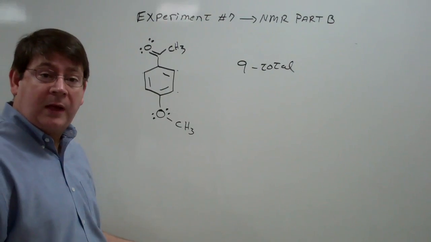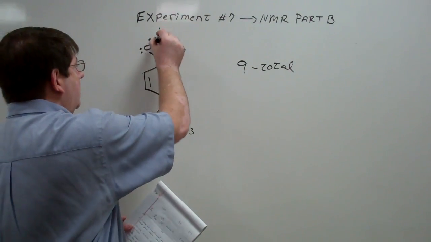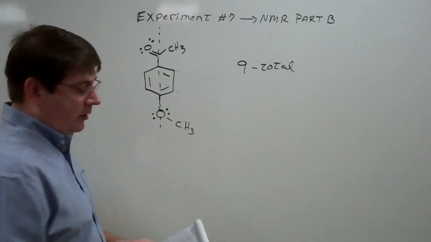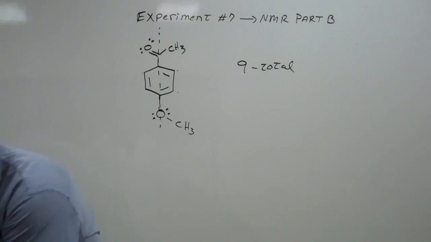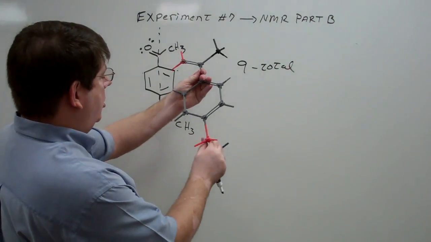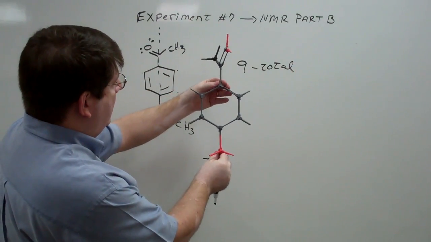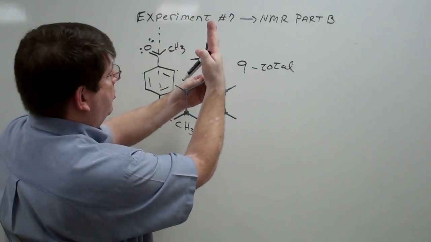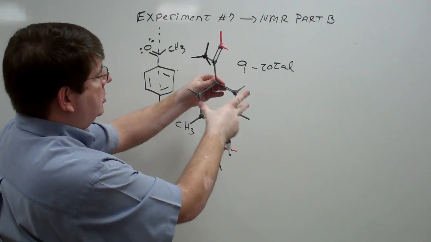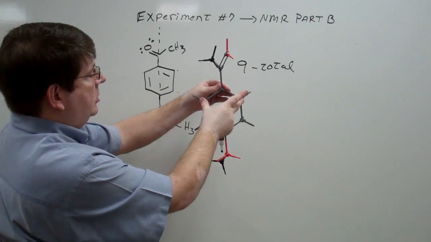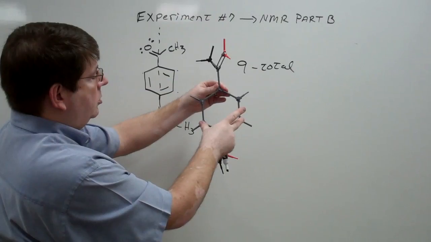However, that would be wrong because we have a unit of symmetry, or symmetry element that runs through here that I showed you last time in the model. So if we turn these groups kind of perpendicular to the ring, you can see that there's a mirror plane that runs right through the middle that relates the 2 carbons to one another. So these 2 carbons are identical, and these 2 carbons are identical.